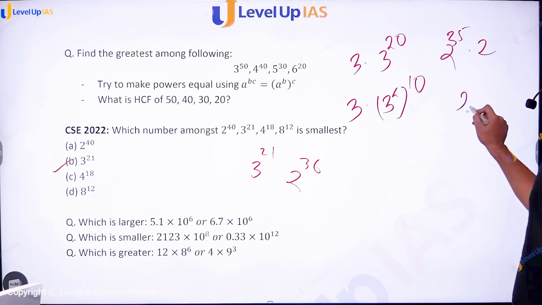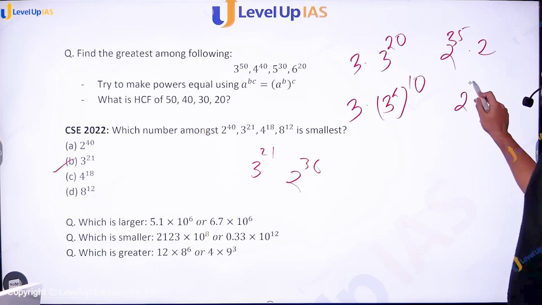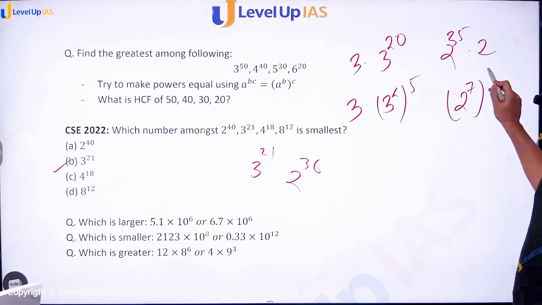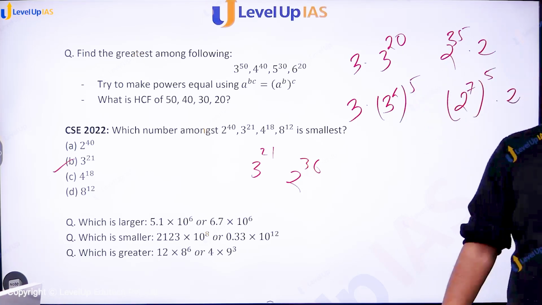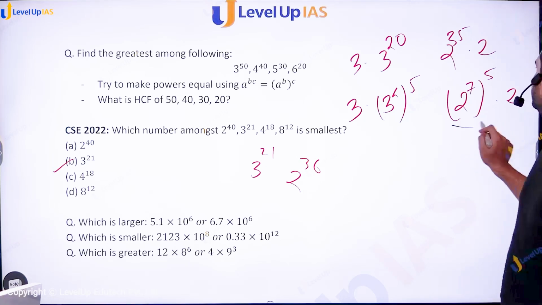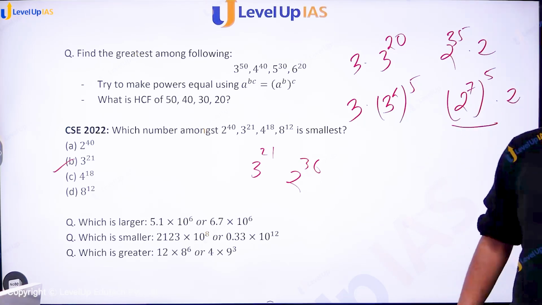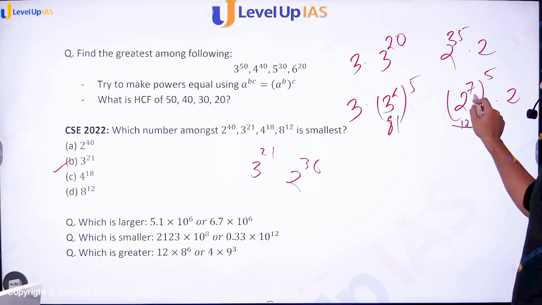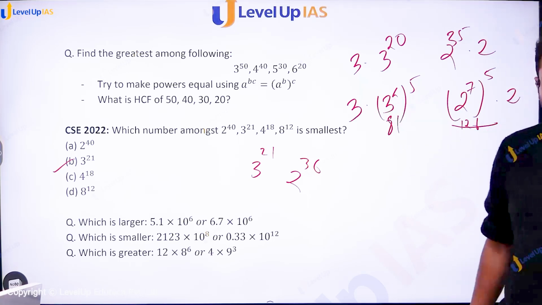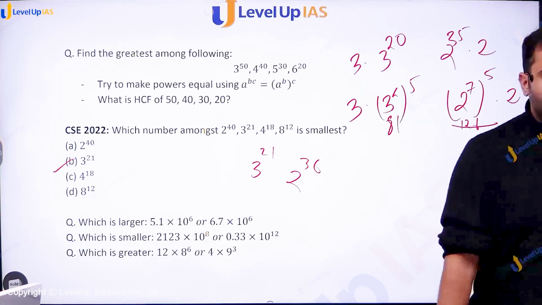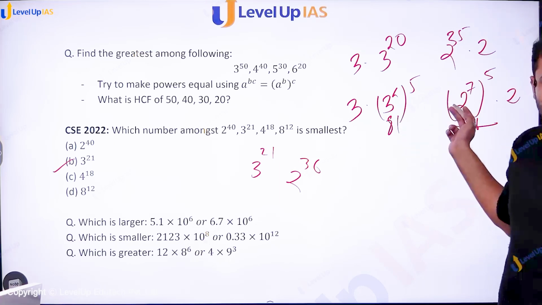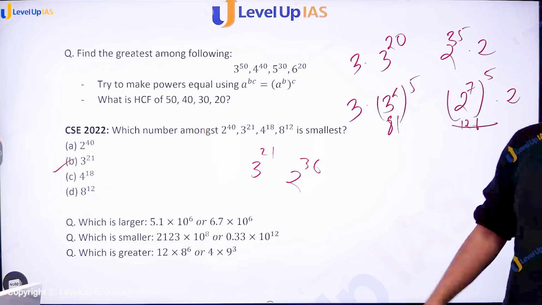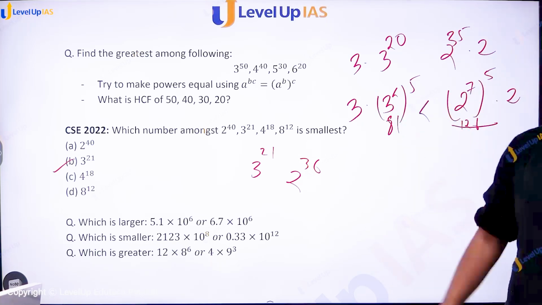This would be 2 to the 7, all raised to 5. This number 2 to the 7 is 128, and this is 81. So this number is bigger than this number, but 3 is bigger than 2. So directly we should not be able to comment, but because this is a much larger power, the growth rate would be much faster even in power compared to just 3 and 2 here. So this would be logically smaller.